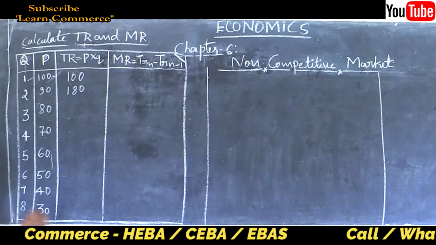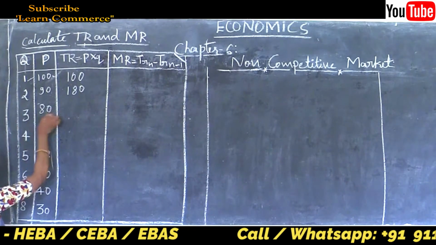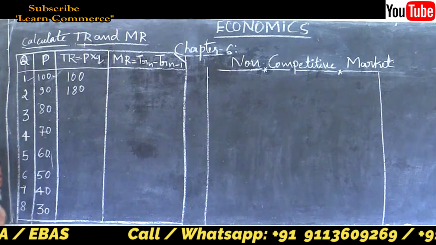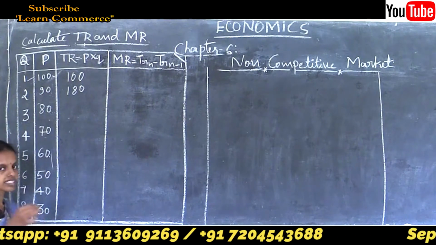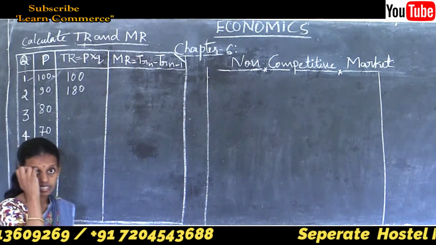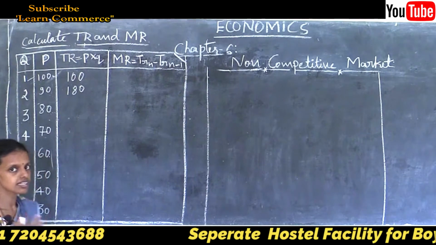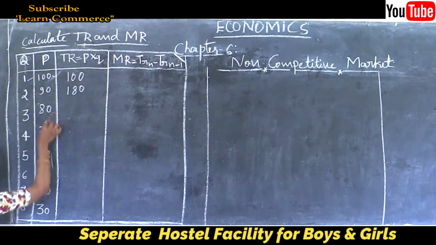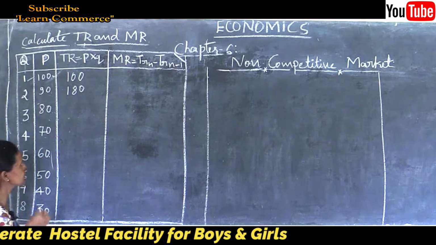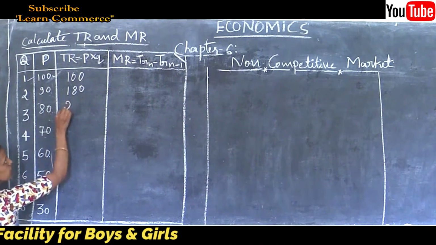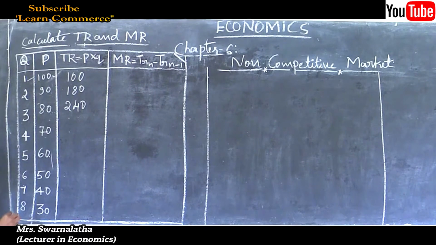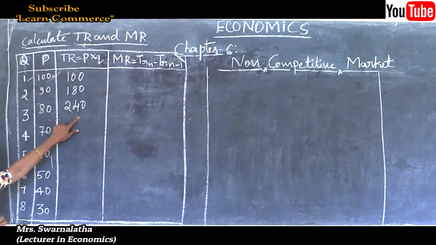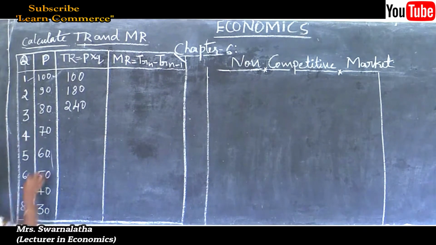Same as we are going to continue, P into Q. In the third unit of output sold, the price is 80, the price is always decreasing. Why? Because the decrease in price increases the profit of the monopoly firm, because here there is only one seller, one owner. Thus here 80 into 3 is 240. Total revenue is 240 earned by the monopoly firm.